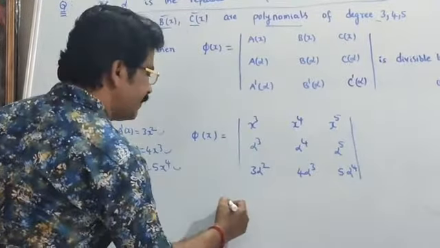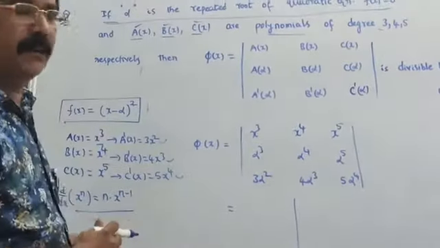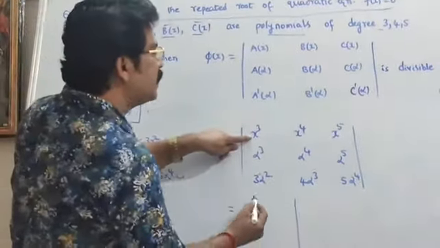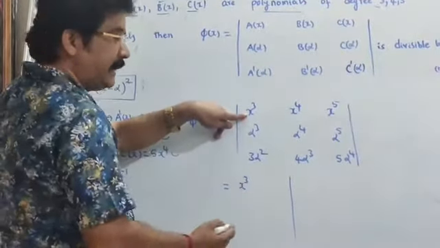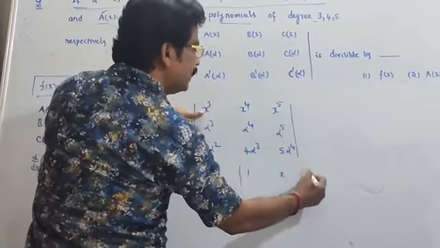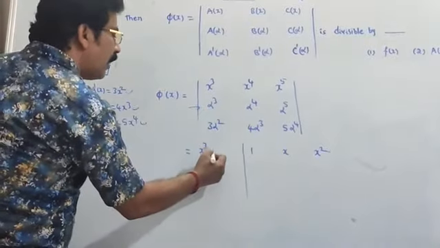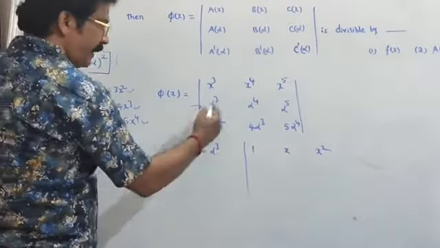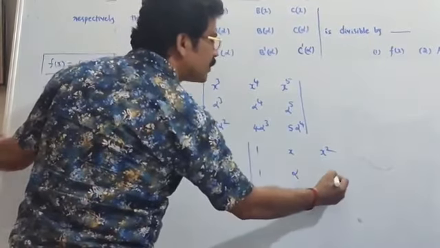Okay, let us simplify this. From the properties of determinants, we can take x cubed common from R1. So x cubed, then inside the determinant it is 1, next x, x square. From R2, alpha cubed is the common factor, so this is 1, alpha, alpha square.